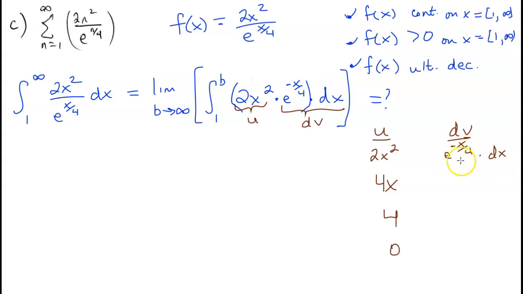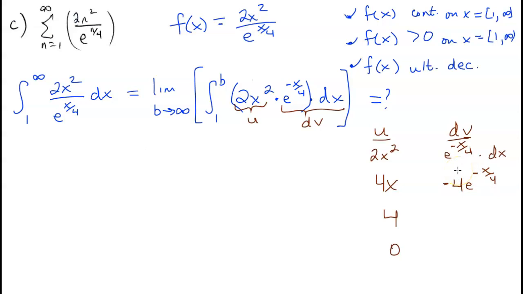So it's just whatever this is divided by the constant that is in that exponent. And of course, 1 divided by a negative 1/4 is going to be a negative 4. So here this will be a negative 4 e raised to the negative 1/4 x.